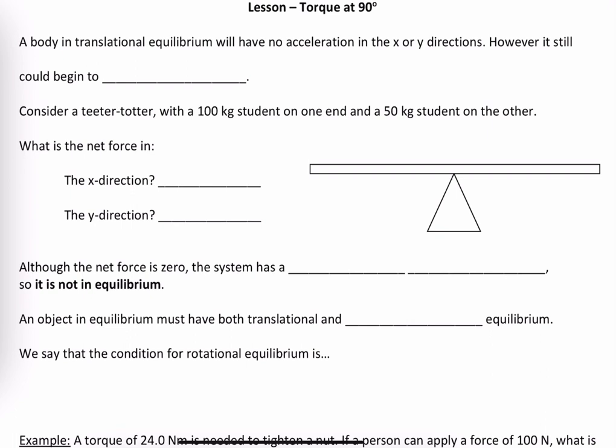And if we're interested in translation and whether an object might start to do that, we have to look at forces. But if we're interested in rotation and whether an object might start to do that, we have to look at what are called torques. So a body in translational equilibrium will have no acceleration in the x or y directions. However, it could still begin to rotate.